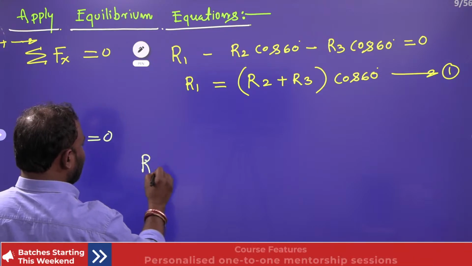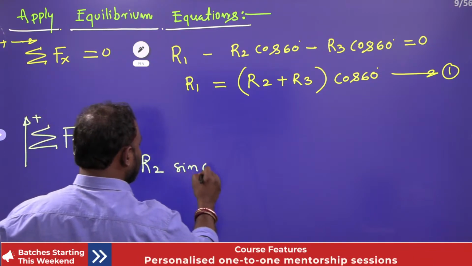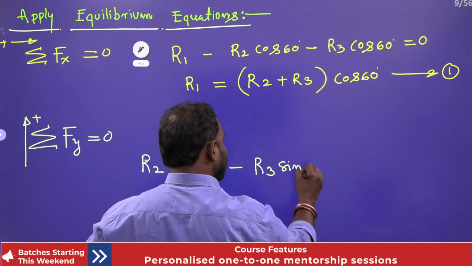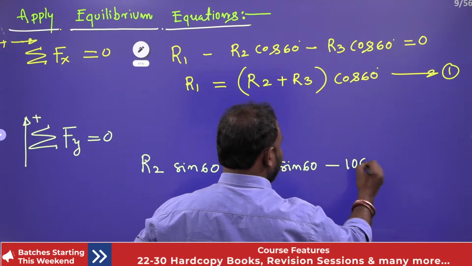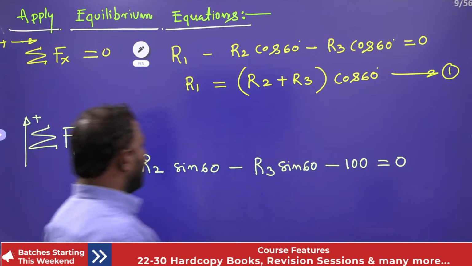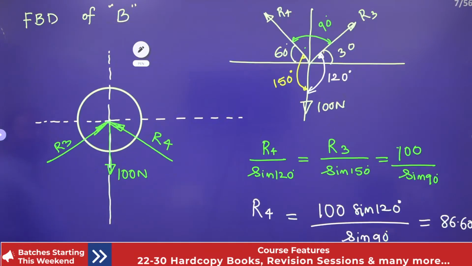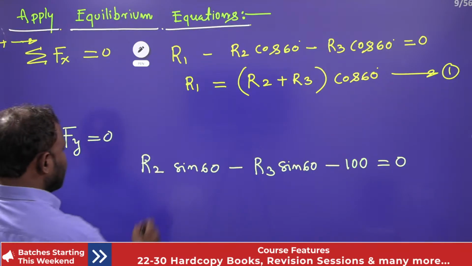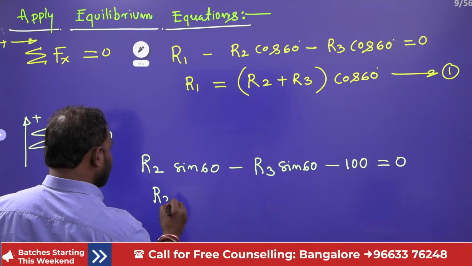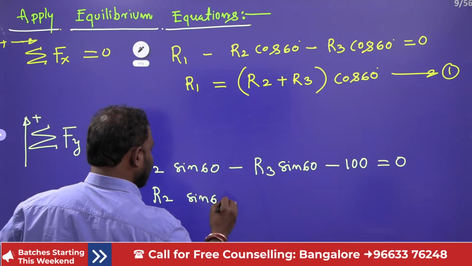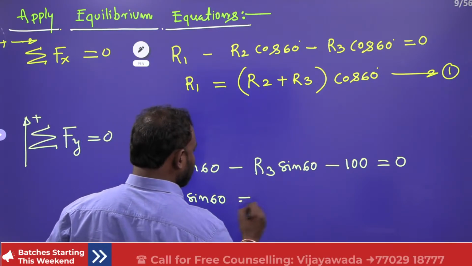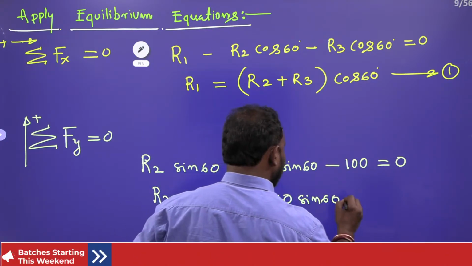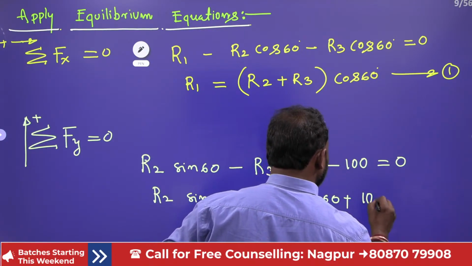Here R2 sin 60 minus R3 sin 60 minus 100 is equal to 0. As we know, R3 is 50 newtons. Substitute that here, and R2 sin 60 equals 50 sin 60 plus 100.